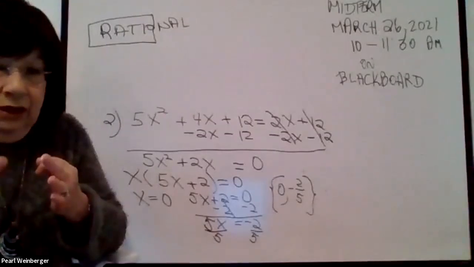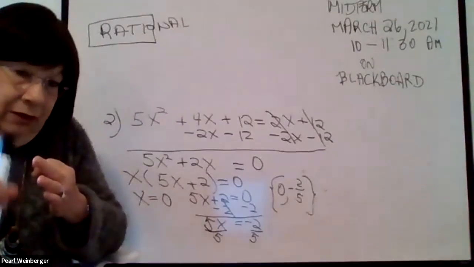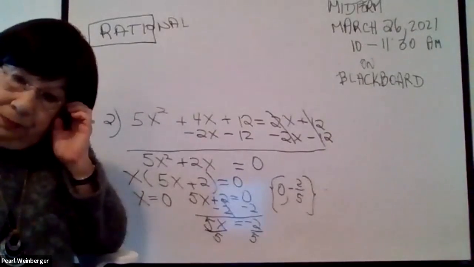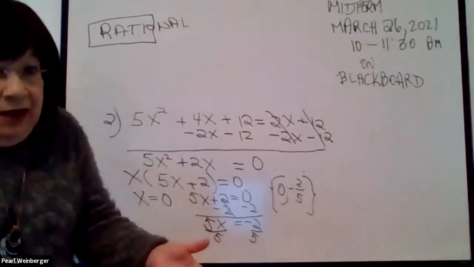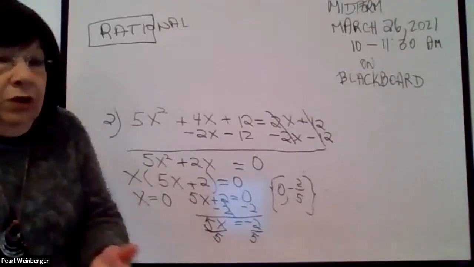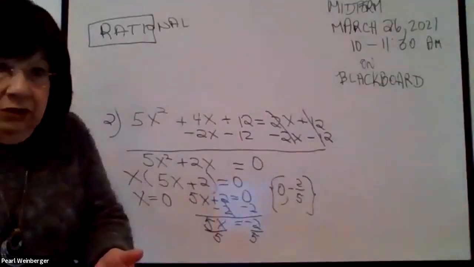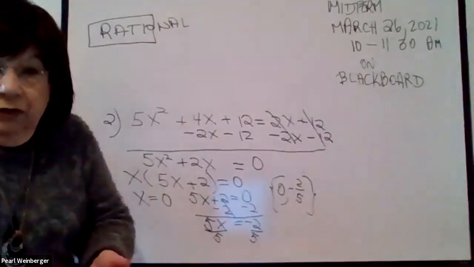And what's interesting is we're going to do multiplying and dividing before we do adding and subtracting, because actually multiplying and dividing is easier. And once we know how to add, subtract, multiply, divide fractions, then we're going to talk about how we deal with fractions in equations when we have pretty difficult equations.